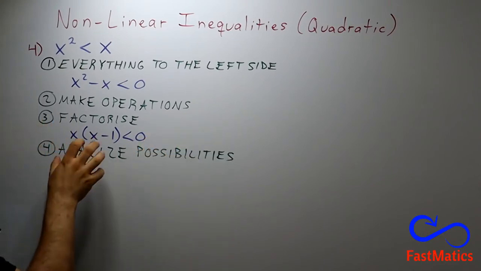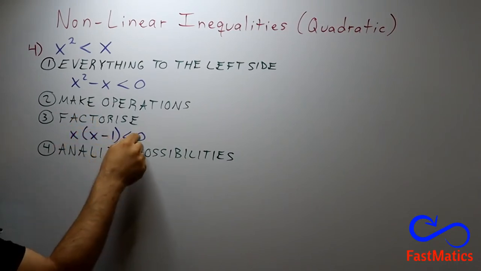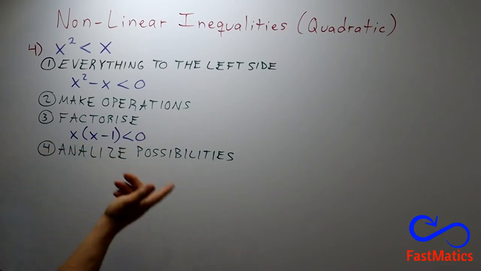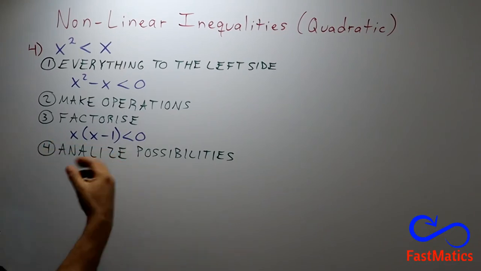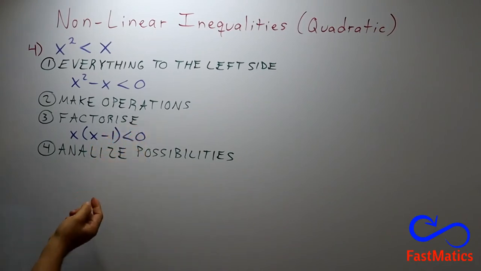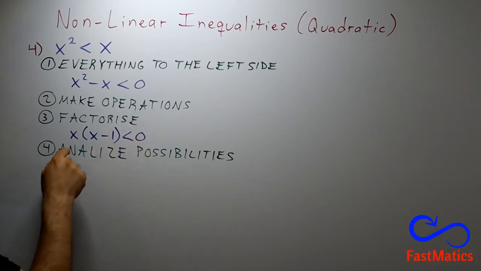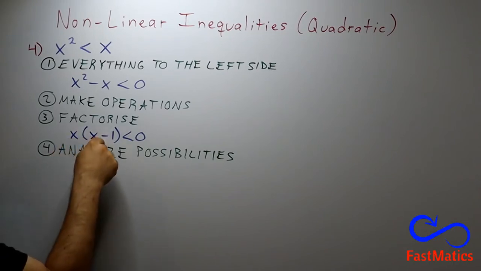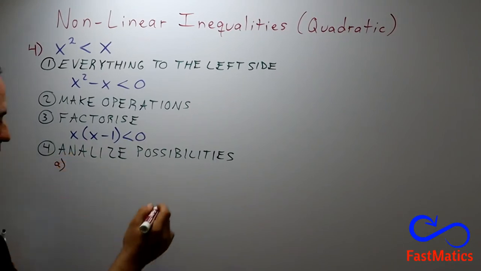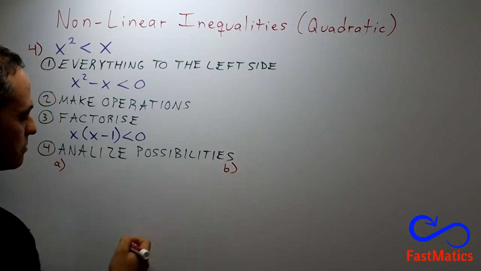If you want something less than 0, that means that numbers smaller than 0 are the negatives. So if you need a negative, you can do positive times negative or negative times positive. That is, you will have two possibilities. The first possibility, the second possibility.